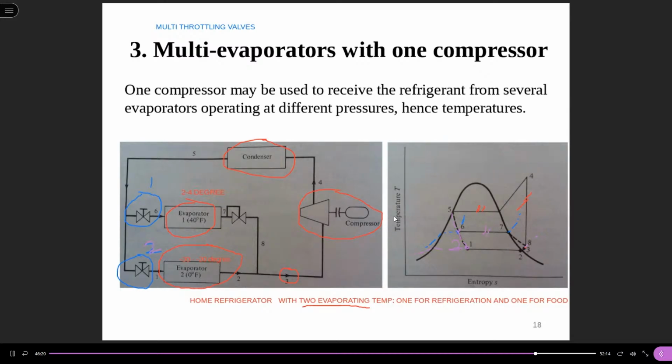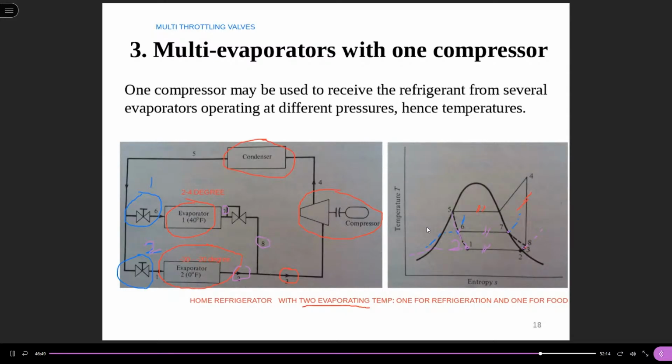This is the evaporating process. Then after state 6, with the higher evaporating temperature one, we need to further throttle it. Then the mixing of 2 and 8 is the suction pressure.